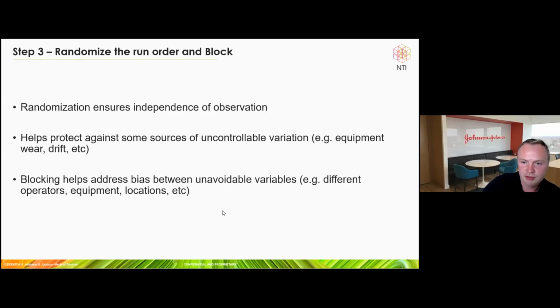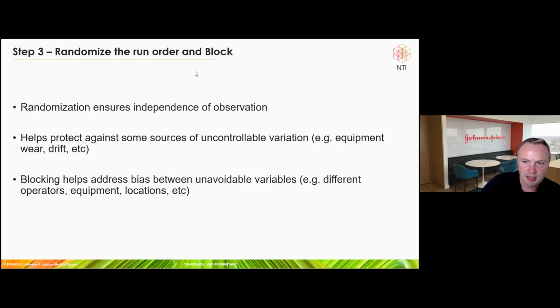Okay, another few points before we get into some examples. It's very important to randomize, so you have independence of observation, and you're not looking at trends based on how you ran the experiment through a very structured design.